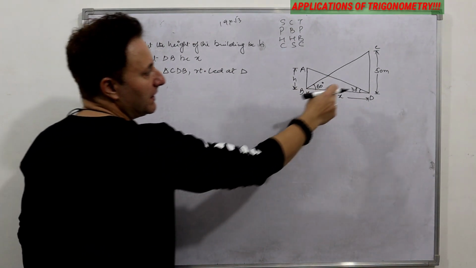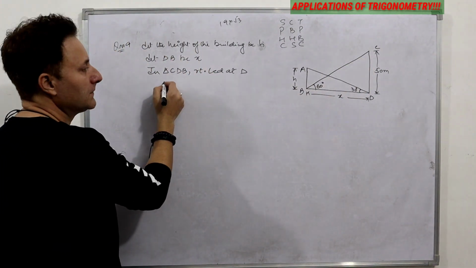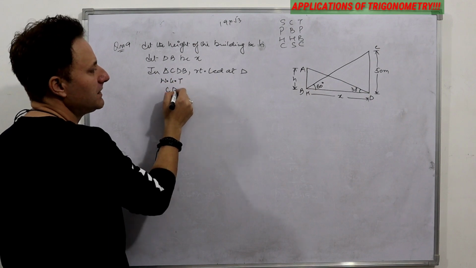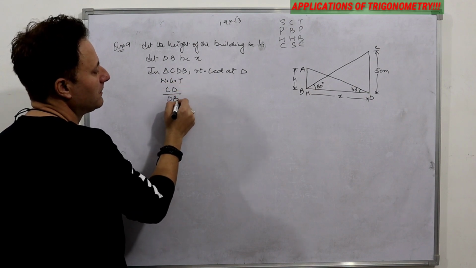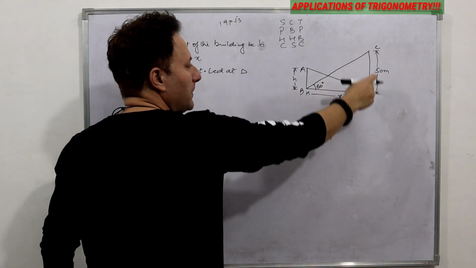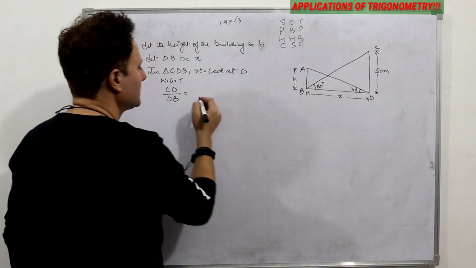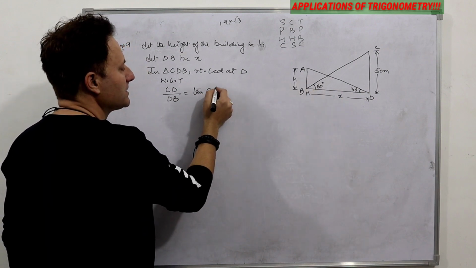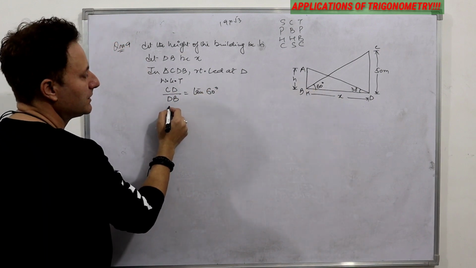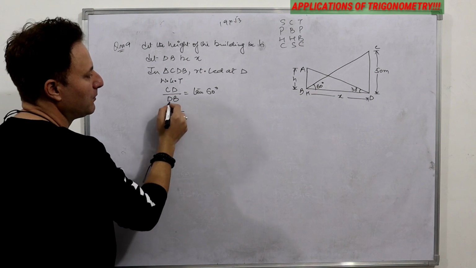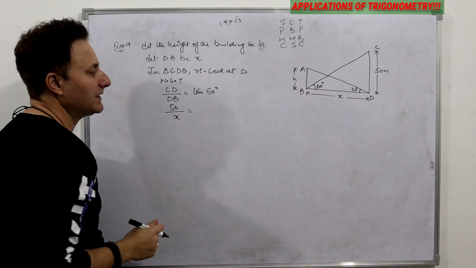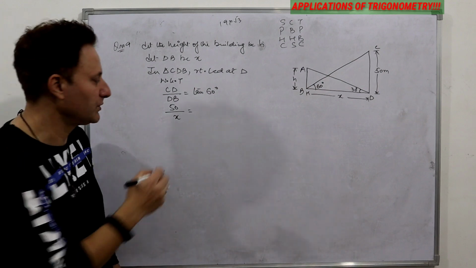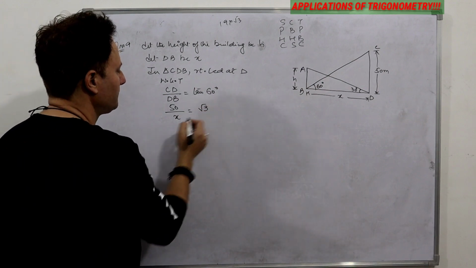We know that CD upon DB is equal to perpendicular upon base, which is tan, and what angle are we talking about? 60. CD is 50 meter upon DB is x. Tan 60 is root 3.